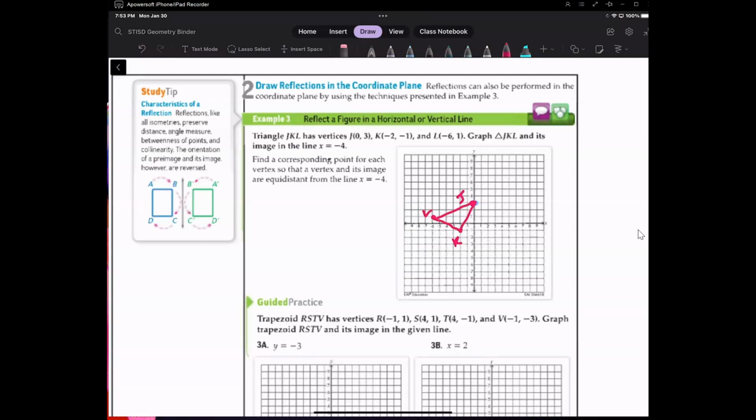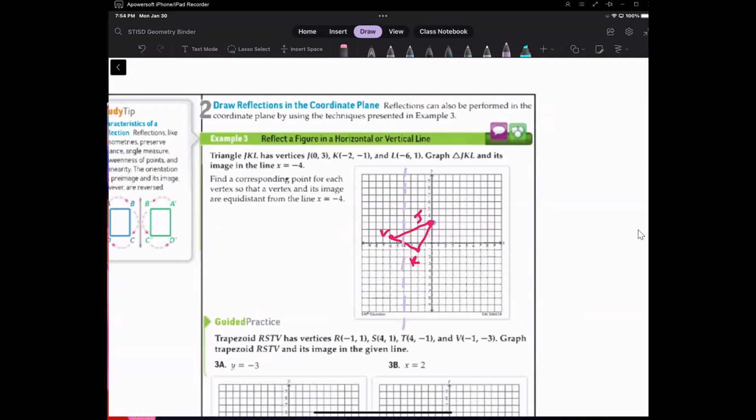We want to find the reflection over x equals -4. Okay, so I'm going to use what we learned in the first example. We know that it's going to be perpendicular to the mirror. In this case, it's x equals -4. That's the mirror. So it's 1, 2, 3, 4. 1, 2, 3, 4.